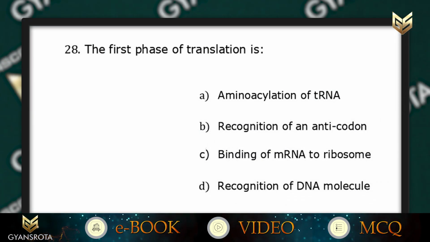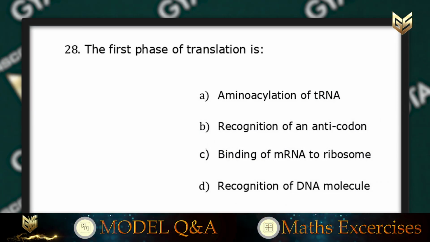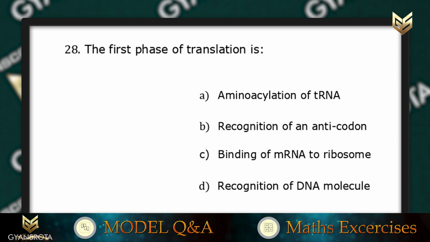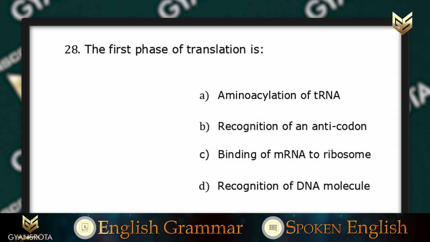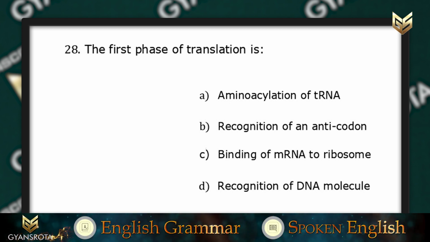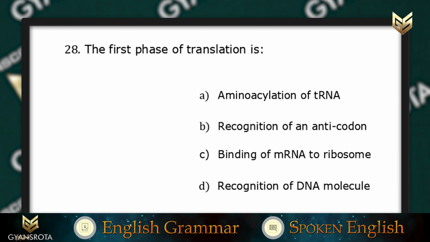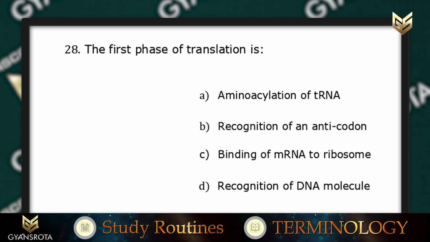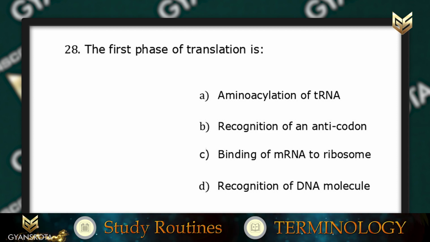In question number 28, it is written: the first phase of translation is option A, aminoacylation of tRNA, option B, recognition of an anticodon, option C, binding of mRNA to ribosome, and option D, recognition of DNA molecule.